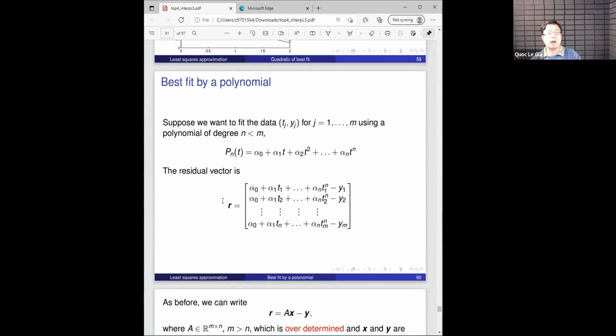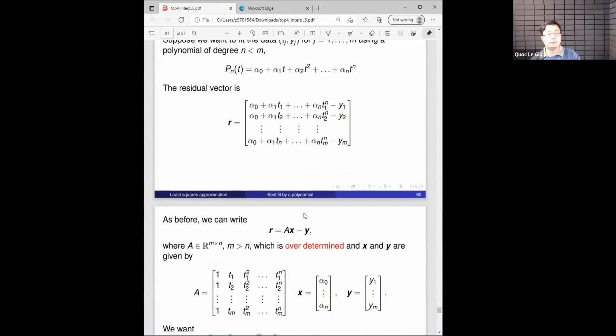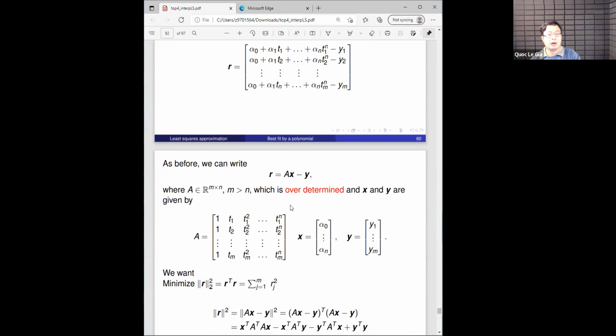So this general case. Then the residual vector is given by this, like you saw before. The points you evaluate by the polynomial, and then you subtract the data. Then the residual is given by the vector r equals Ax minus y.